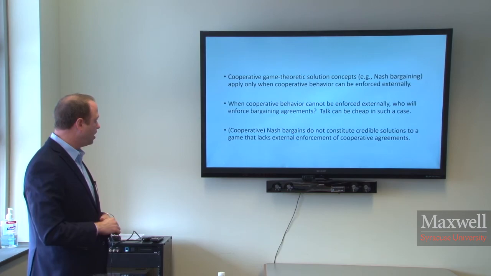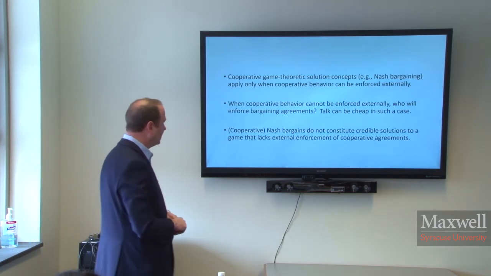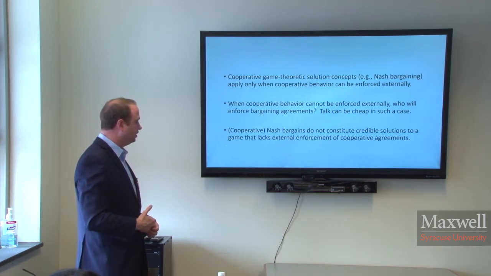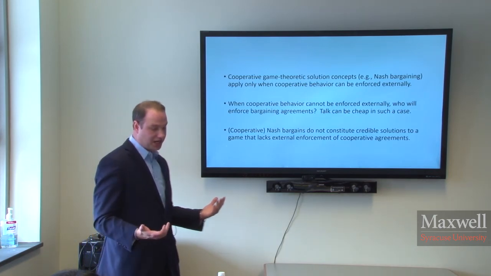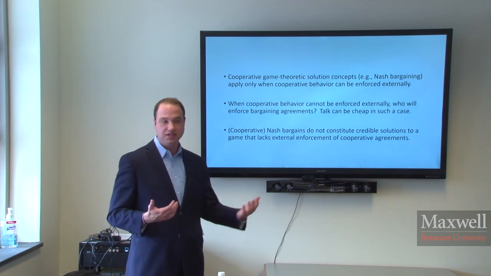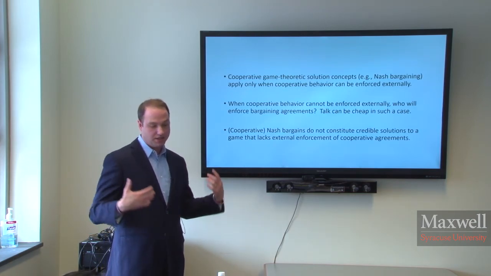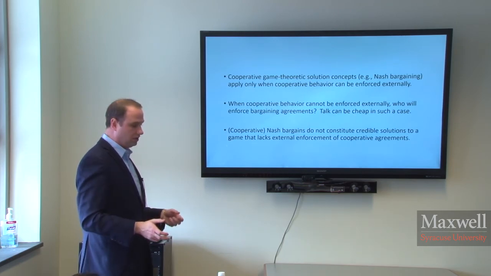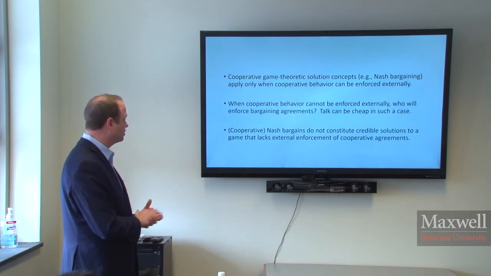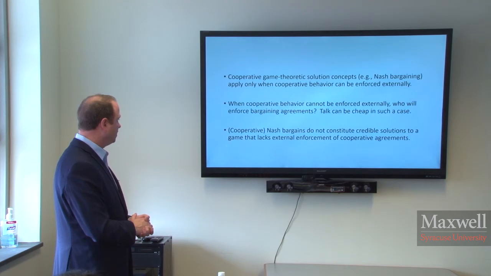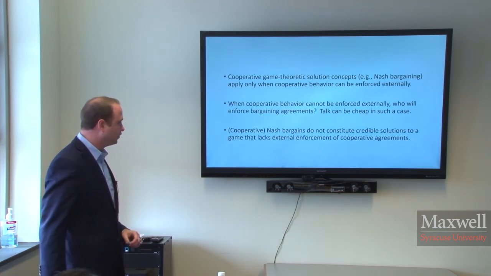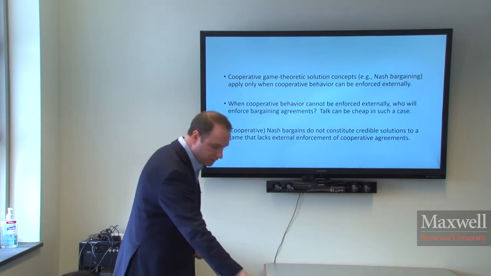When cooperative behavior cannot be externally enforced, who will enforce bargaining agreements? Sides can just do cheap talk in these cases. They can say, "Oh yeah, we're committed to peace," and then do what they want, depending on their payoffs. Nash bargaining then does not constitute a credible solution to a game that lacks external enforcement of cooperative agreements.